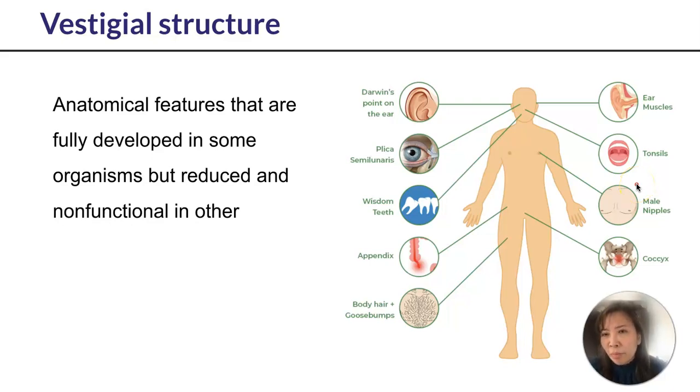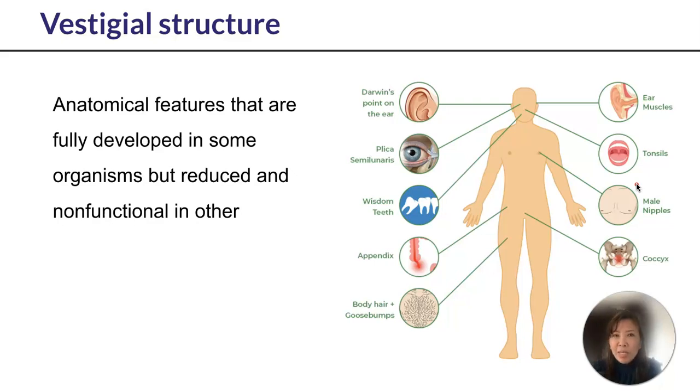Females have nipples because we need them for the mammary gland in order to actually feed the young, but males end up with these reduced nipples that don't have any function, but they're still present because we have a common ancestor and evolved similarly, but they no longer have a function for males.